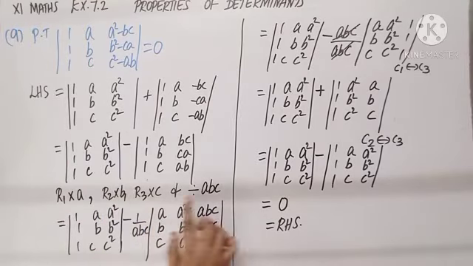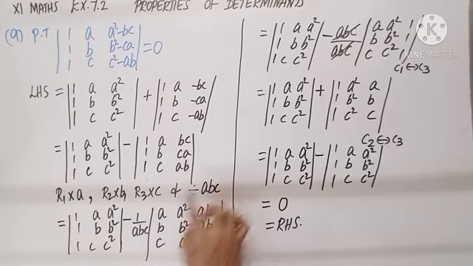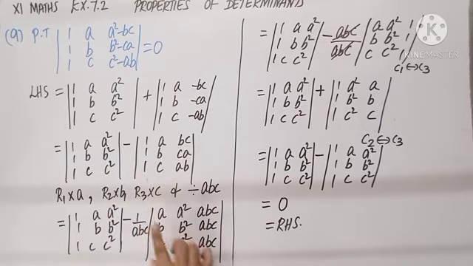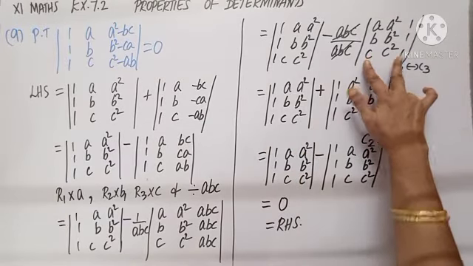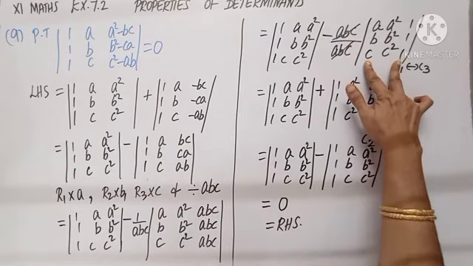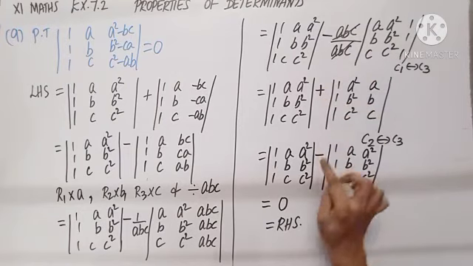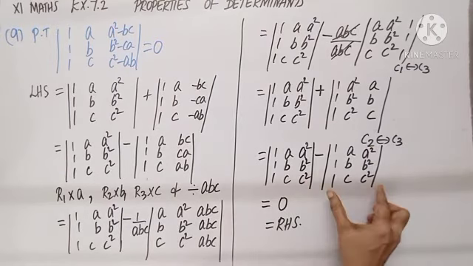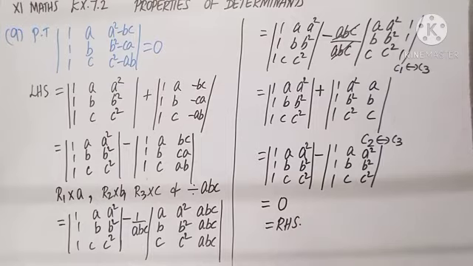So R2 by b, divide by b, R3 by c, divide by c. This division I put out. Each row we multiplied by the specified number. Now the next property, I interchange C1 and C3. Whenever I interchange any two columns, minus becomes plus, plus becomes minus, because here also I am interchanging. The same determinant with a minus symbol in between gives me 0, which is the RHS.